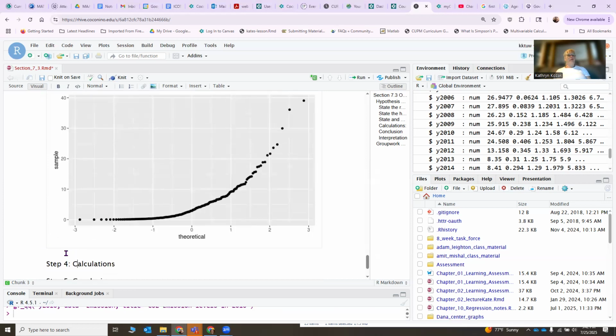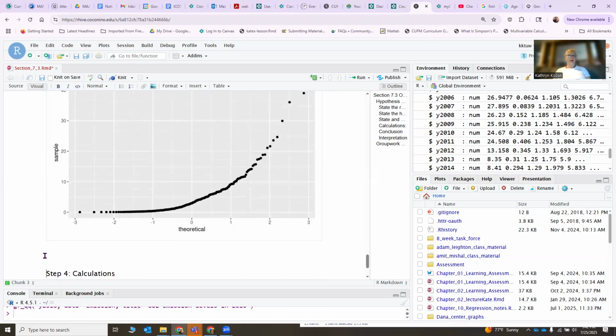So looking at the graph, the check: the density plot does not look normal, bell-shaped. And the normal quantile plot does not look linear.